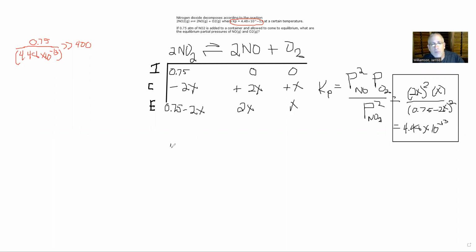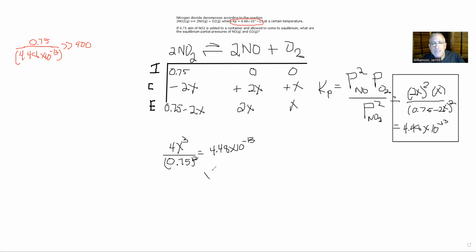That'll end up being 4x cubed over 0.75 quantity squared is equal to 4.48 times 10 to the minus 13.